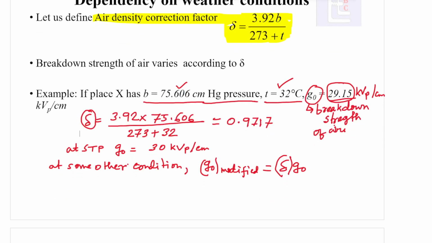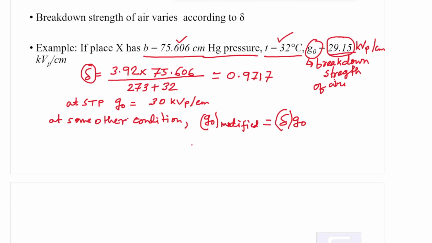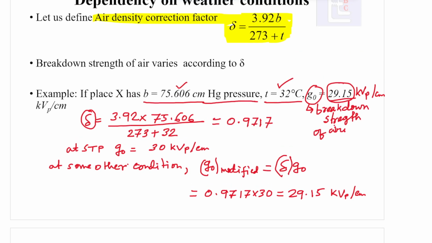So it will be 0.9717 into 30, which comes out to be 29.15 kV peak per centimeter. This is how the breakdown strength of air varies with different weather conditions, whether it is a cold place or a hot place, near the sea or a mountain area. This value will change accordingly.